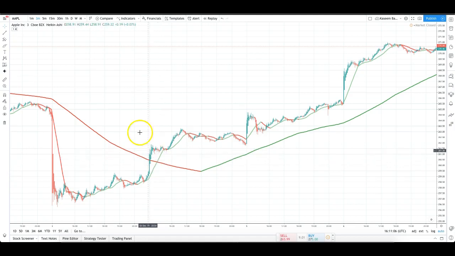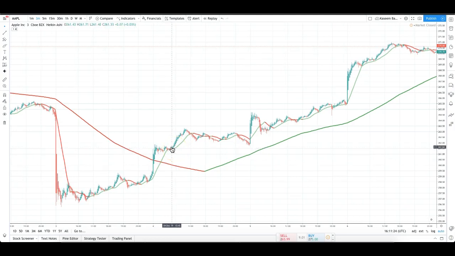Let me use this dot. Price right here, if the price was currently here, it's still far from the 20 period moving average. So you do not want to enter there. You only want to enter when prices are close to the 20 period moving average.